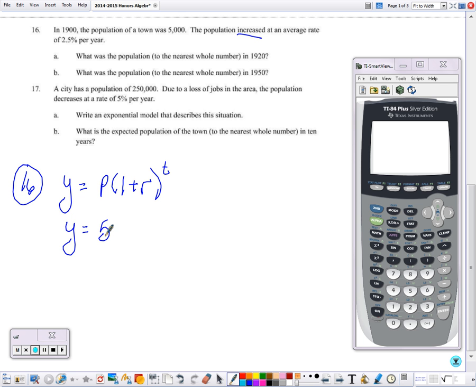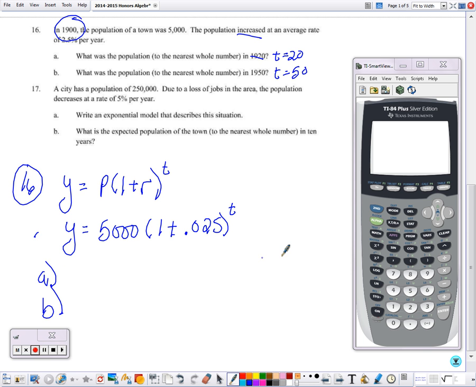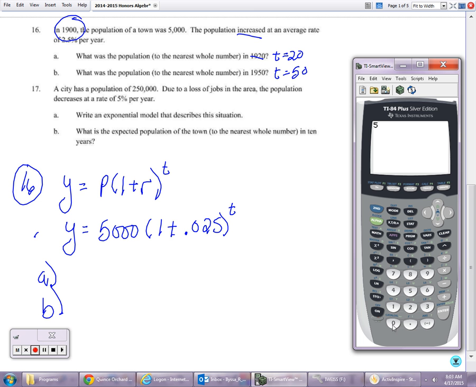It starts at 5,000. 0.025 is the decimal for that percent, to the T. Now, 1920 is 20 years after 1900, and then 1950 is 50 years. So for both A and B, we're going to plug in the different values to get the ending population.